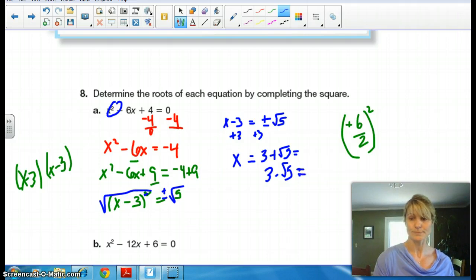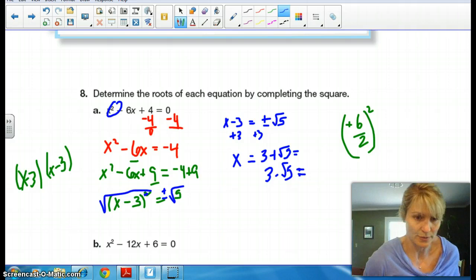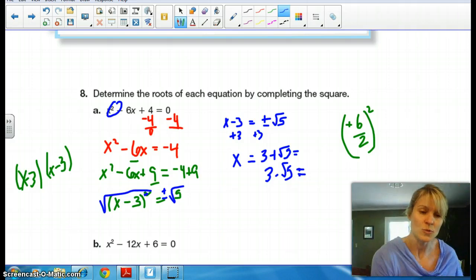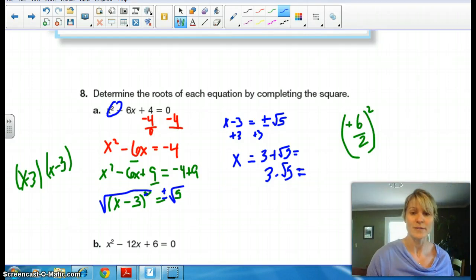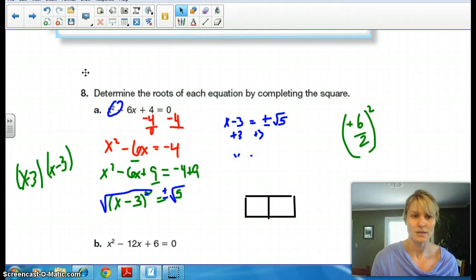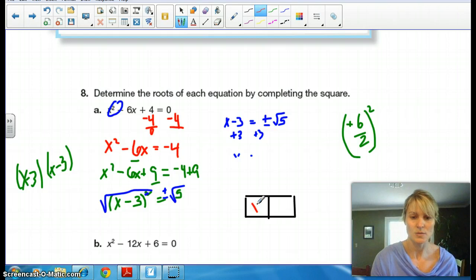It's pretty straightforward. But don't lose sight of what we're doing. Remember, it's completing the square because we're finishing out a square, okay? So today we looked at when we got the problem to this stage right here. And remember, we had x squared here, and this was 6x.